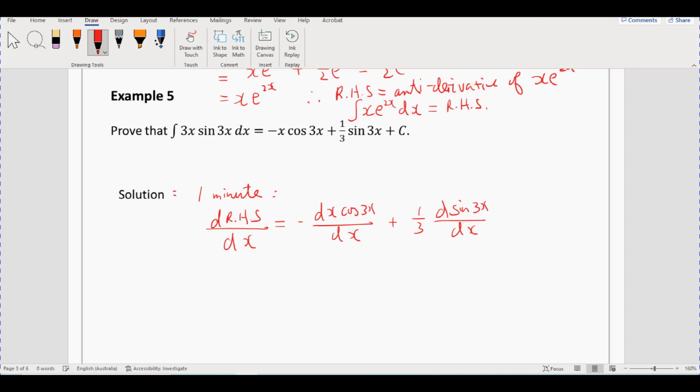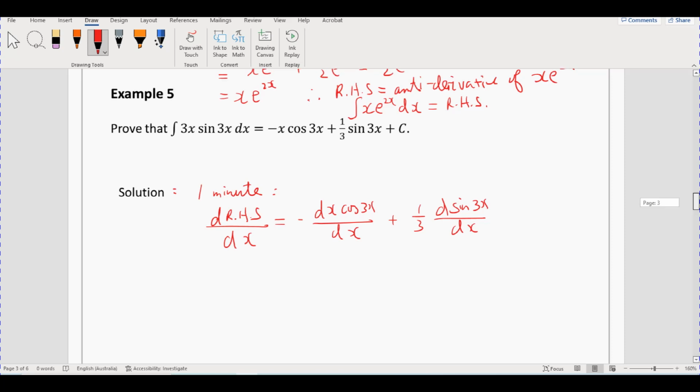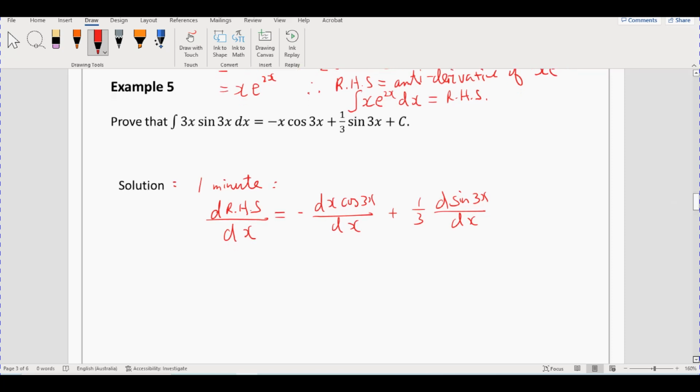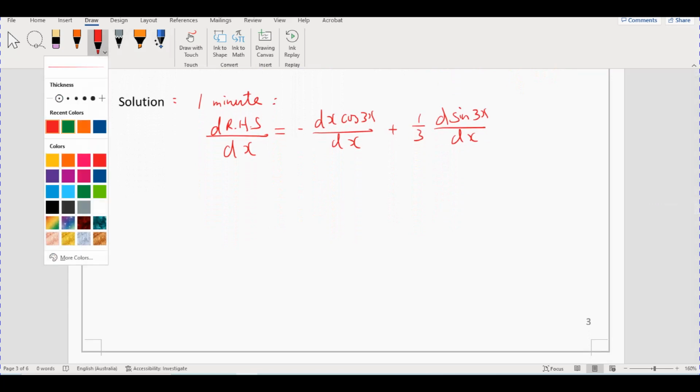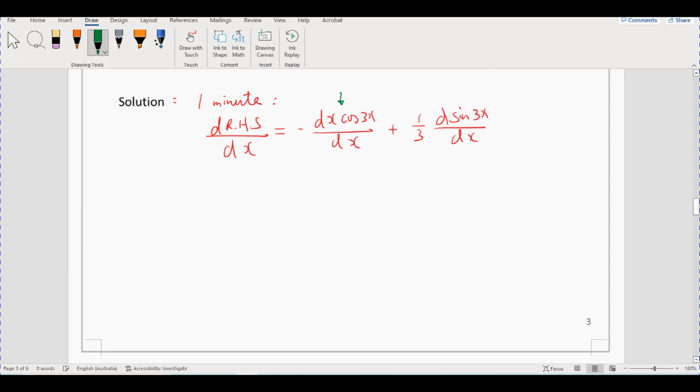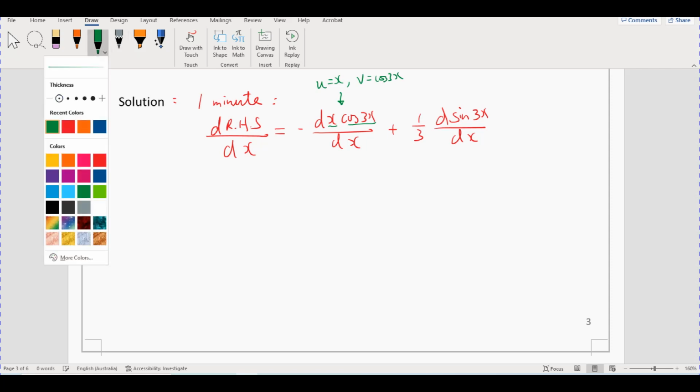And dC just equals 0, so I just missed that out. It's obvious. Okay, so if you look closely, for the first one, it's just a product rule, right? Your u equals x, your v equals cos 3x. So they multiply together, and for the second part, all you need to do is a chain rule.